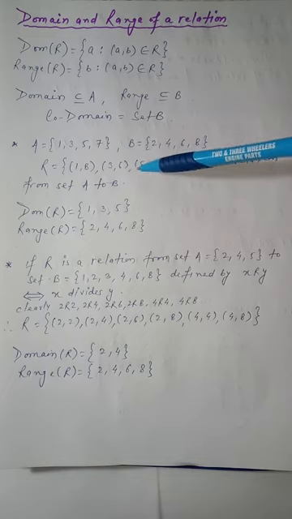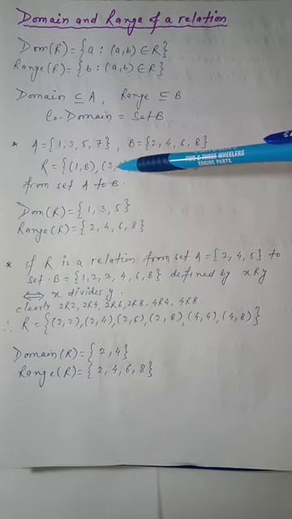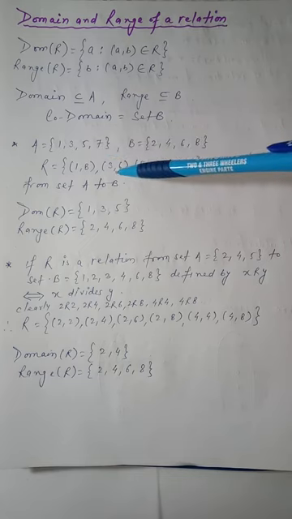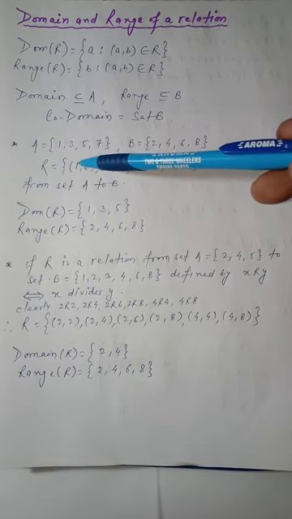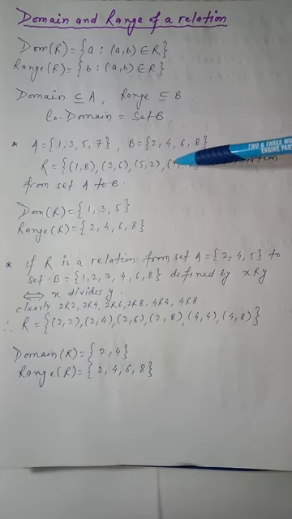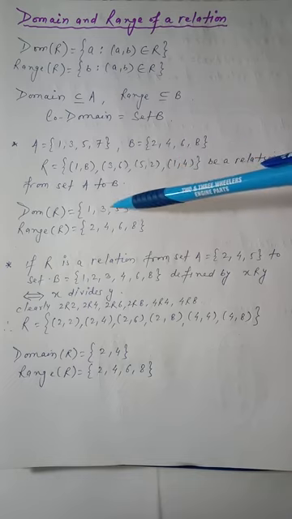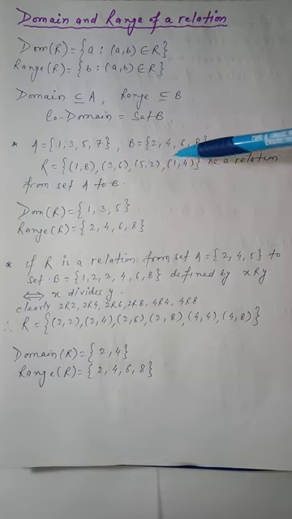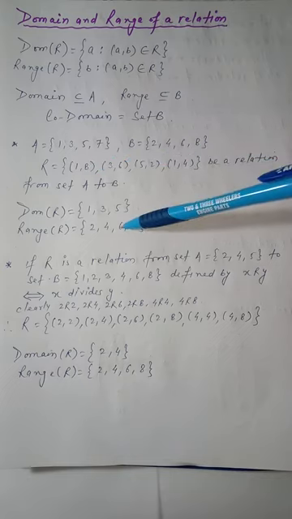This relation is from set A to B. It is defined. We don't know what the rule is, but it is given that R is a relation from set A to B, and set A is given and set B is given. So if I am asking what is the domain of this relation, very simple. All the first elements of the ordered pairs, like 1, 3, 5, 1. It means {1, 3, 5} is the domain of R. Range means all the second elements: 8, 6, 2, 4, or 2, 4, 8, 6, no problem.